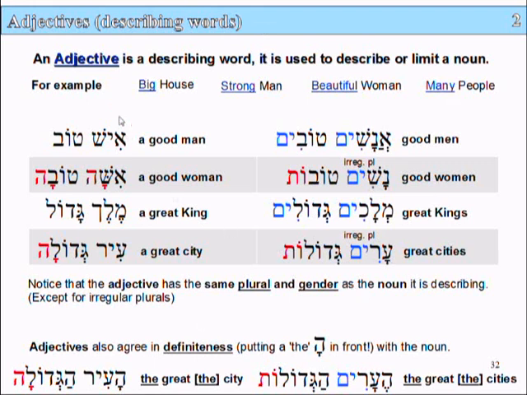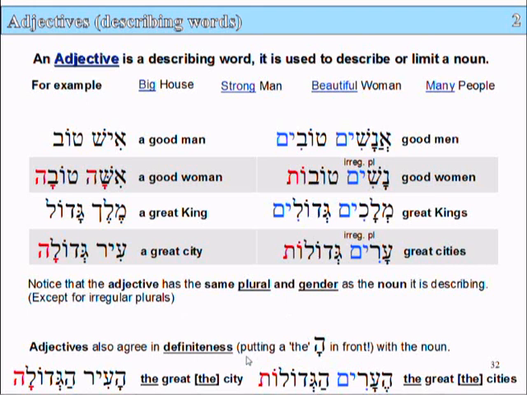So the main thing from this slide is to know that when we have an adjective at the end of a word, it agrees in the gender, whether it's singular or plural, except for these irregular exceptions. And it also agrees if we put the in front of something. So this is a, and this is the.